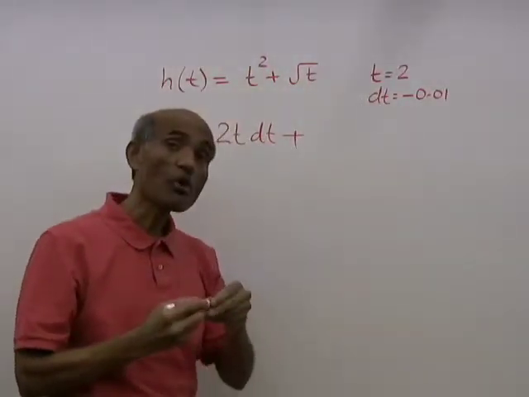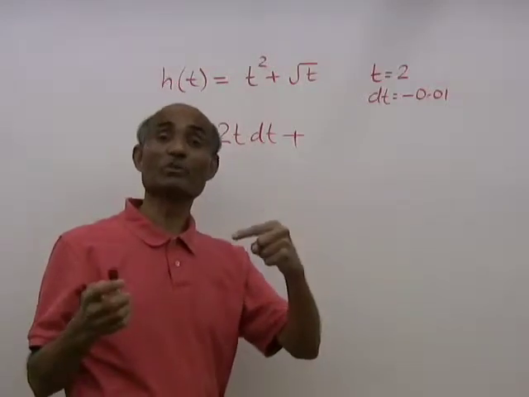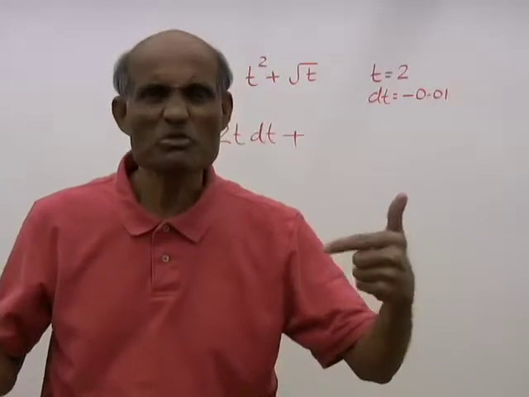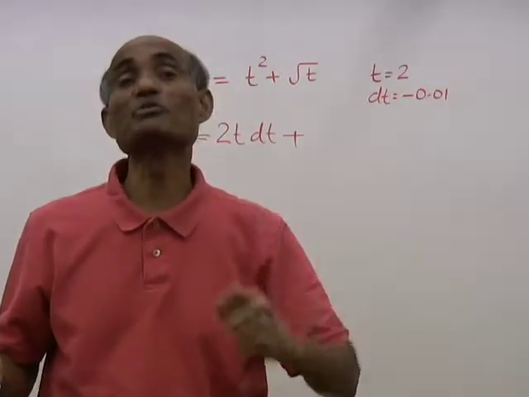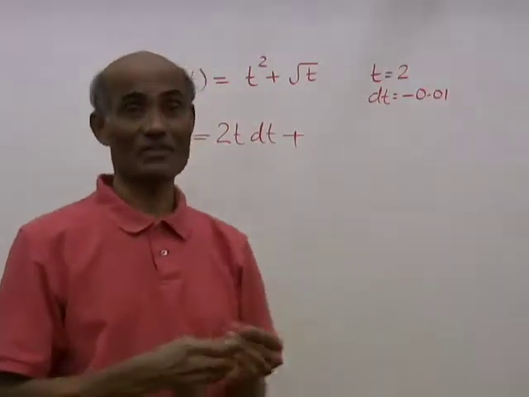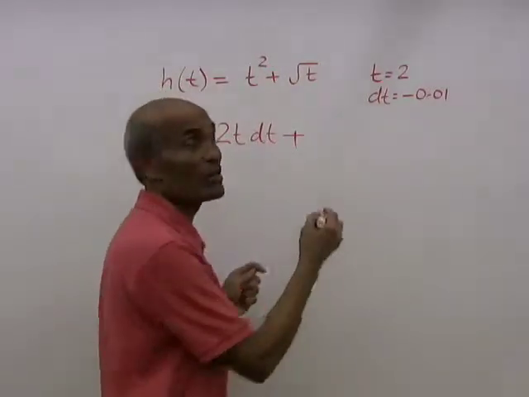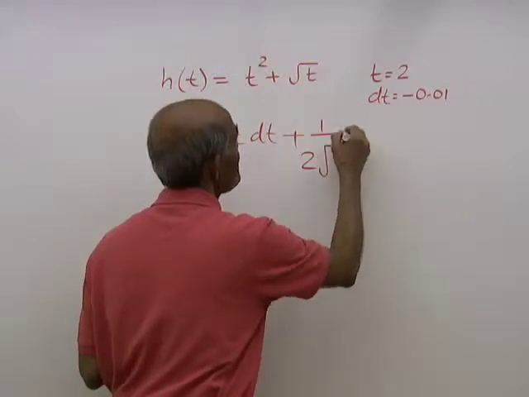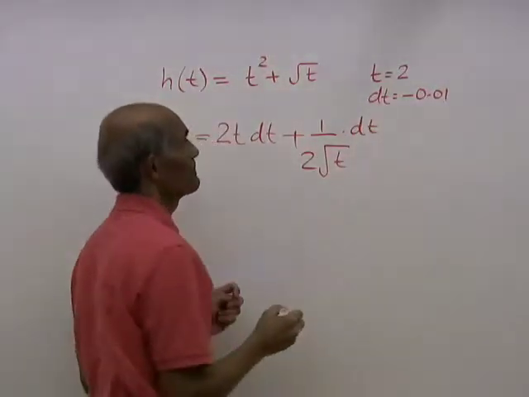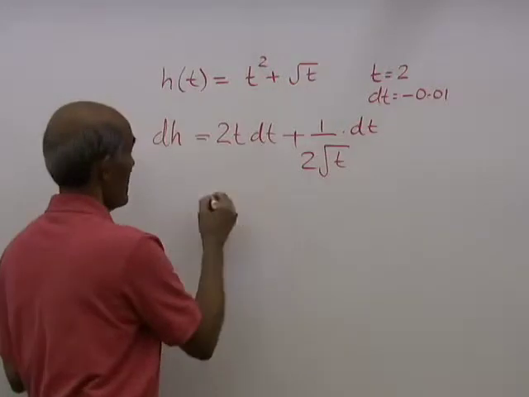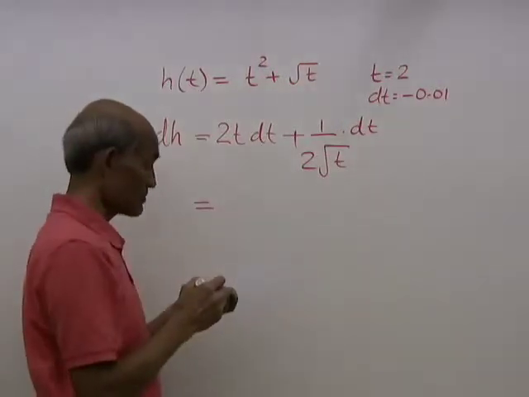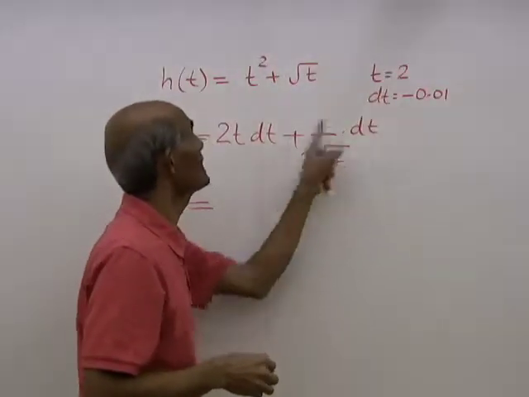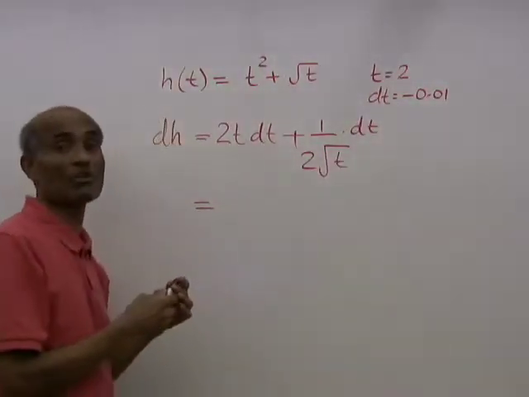Now remember, you always go back to the rule for the derivative. The derivative of square root t with respect to t is 1 over 2 square root of t. And therefore, the differential of square root of t is 1 over 2 square root of t dt. Well, all we now need to do is replace our t by 2 and dt by negative 0.01.